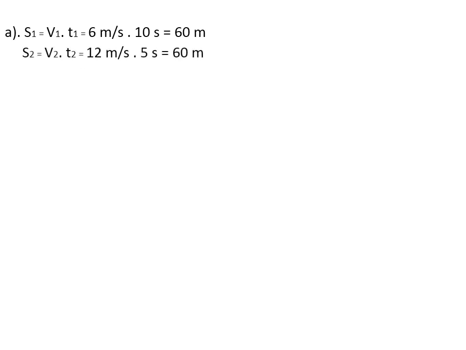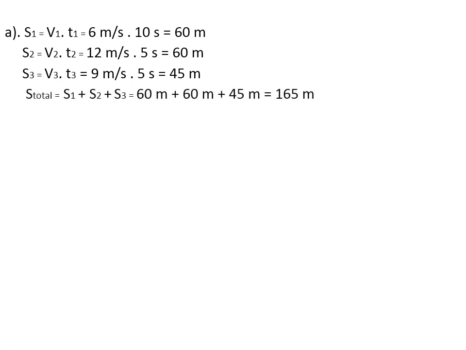S2 equals V2 times T2 equals 12 meters per second times 5 seconds equals 60 meters. S3 equals V3 times T3 equals 9 meters per second times 5 seconds equals 45 meters.